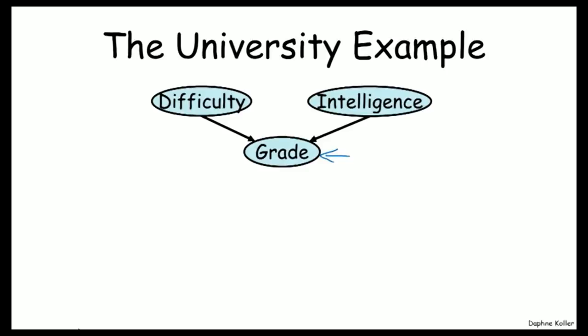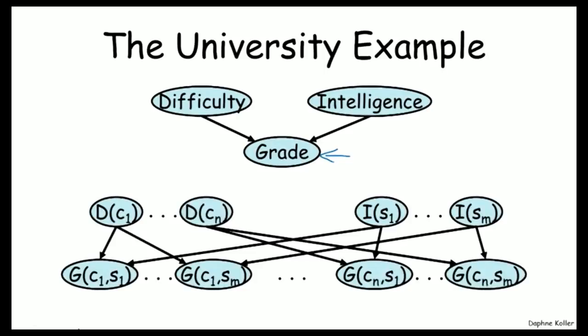Now, this is all fine if we're interested in reasoning just about an individual student, but now let's imagine that we want to think about an entire university. So now we have a difficulty variable. So these are all difficulty variables for different courses.